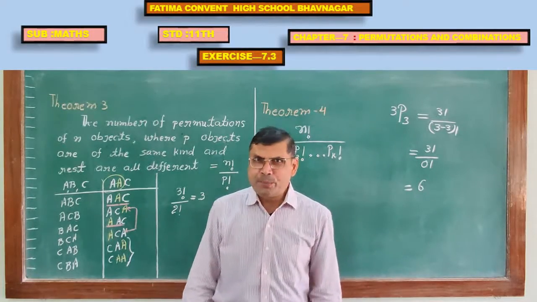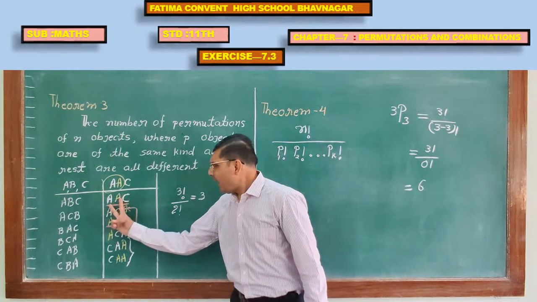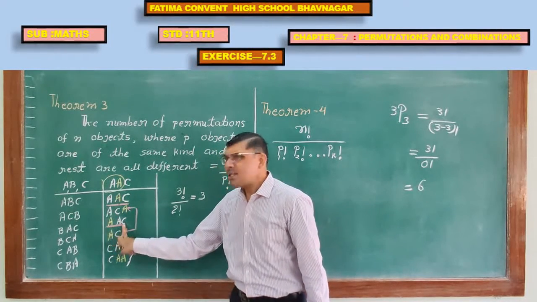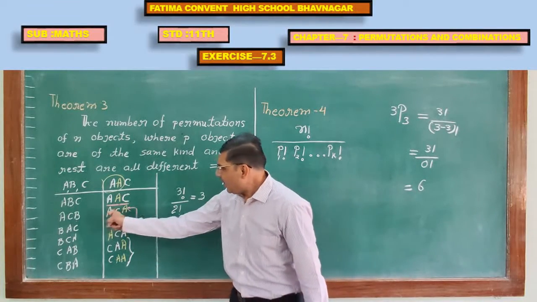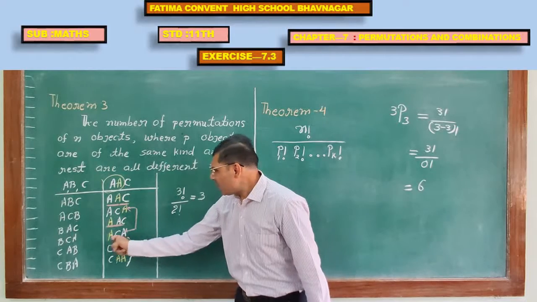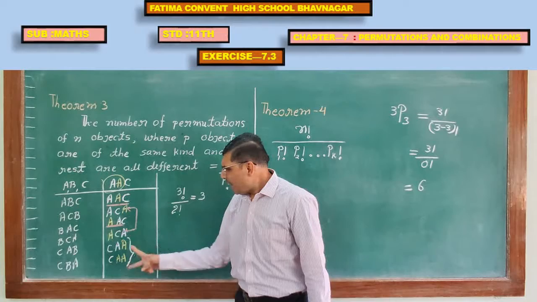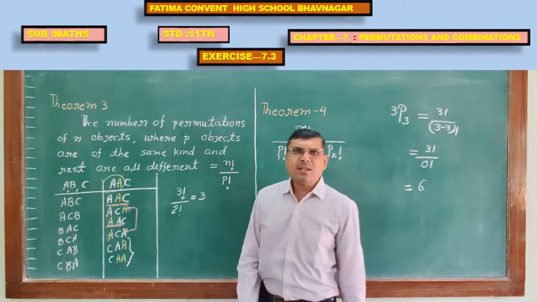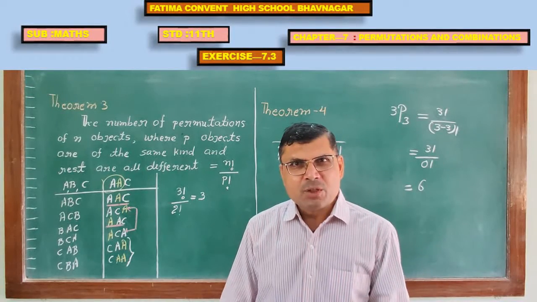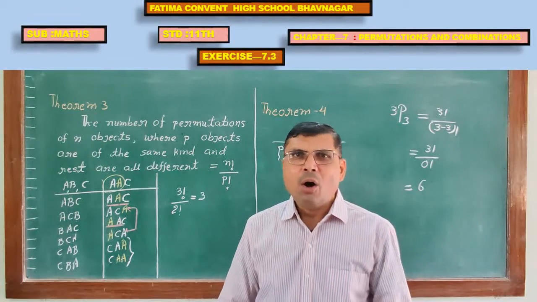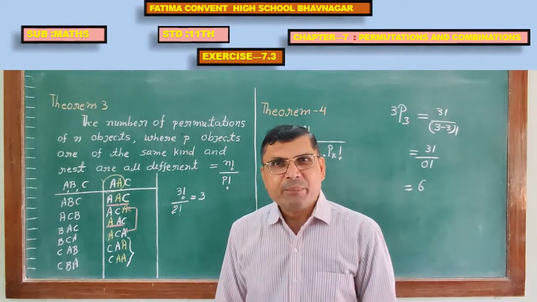Alright, but now if you observe, if you remove this color, then AAC and this AAC are the same only. Spelling is not going to change. Similarly, ACA and this ACA are also equal. And these last two are equal. It looks like 6 arrangements, but actually we have only 3.